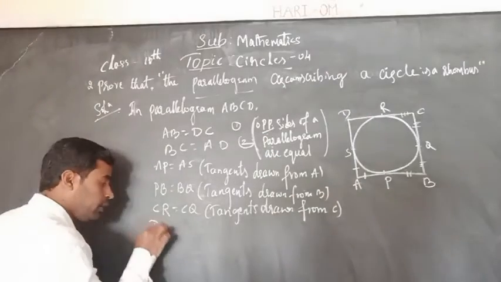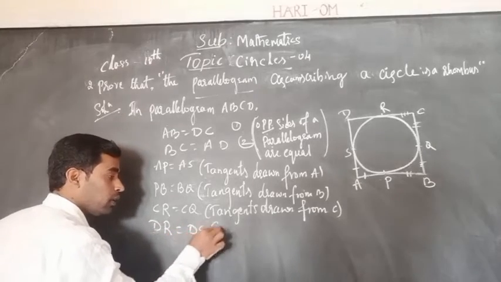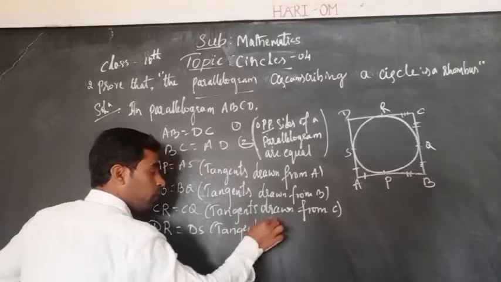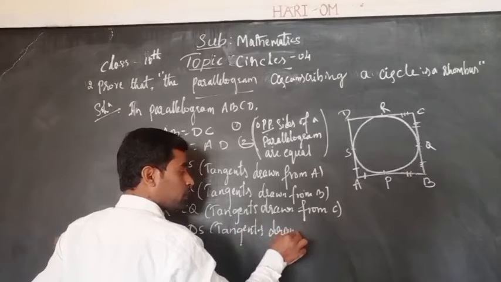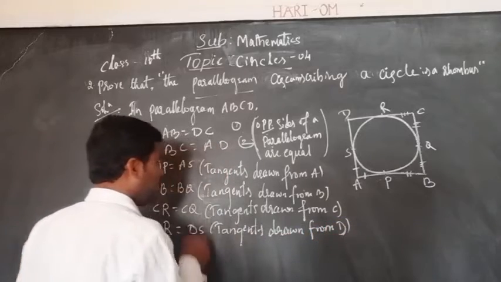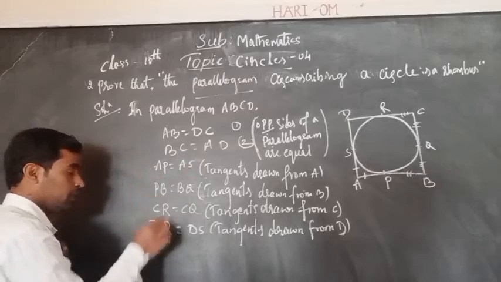We can write DR is equal to DS. Reason: tangents drawn from D.